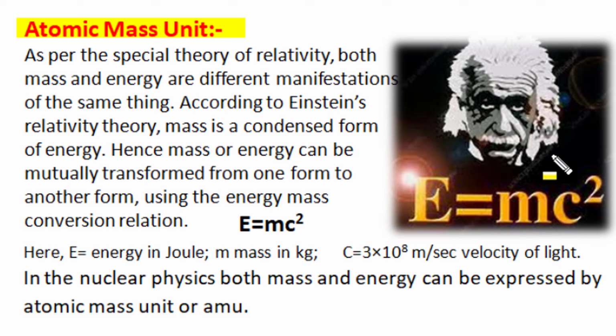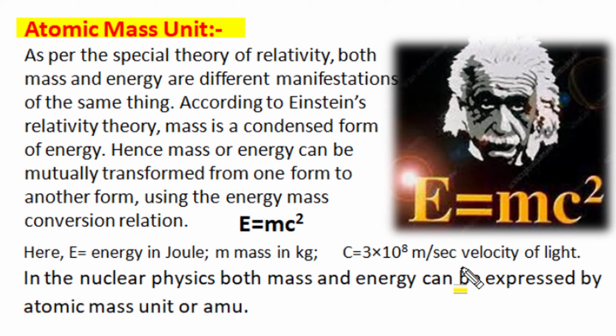As per the special theory of relativity given by Albert Einstein, both mass and energy are different manifestations of the same thing. The same thing is represented in two different formats, mass and energy. According to Einstein's relativity theory, mass is a condensed form of energy.